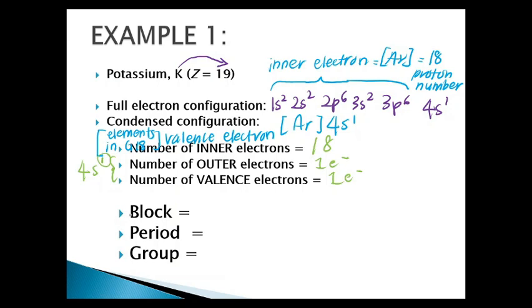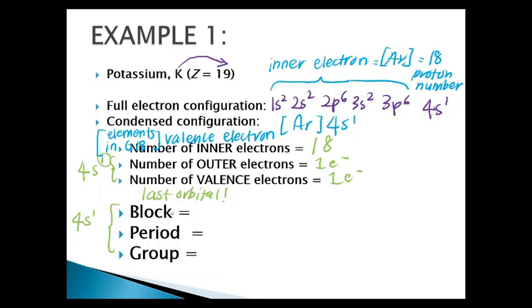Again, to determine the block, period, and group, you need to refer to the valence electron. Refer to your last orbital in the electron configuration, which is s1.